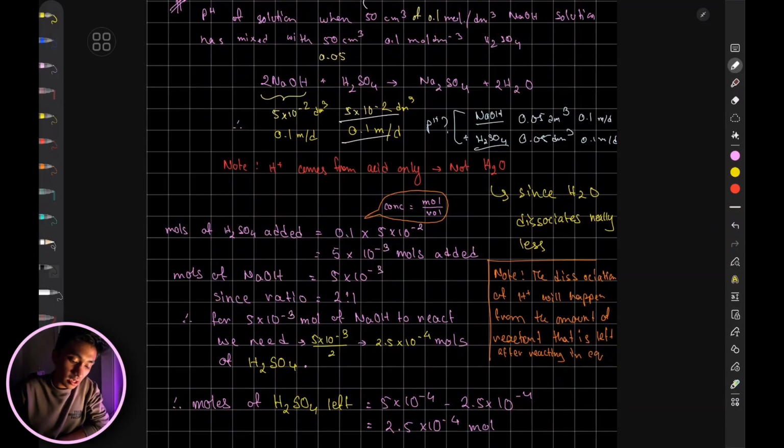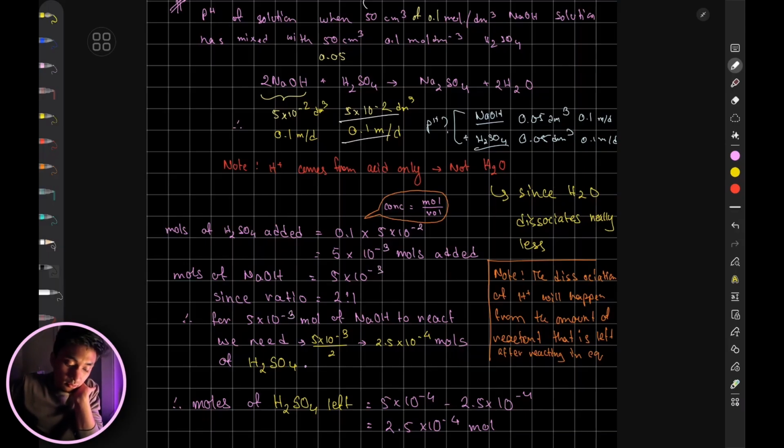For every 2 moles of NaOH, it is reacting with 1 mole of H2SO4. So the ratio is set up in a way that you need half the amount of H2SO4 compared to NaOH.